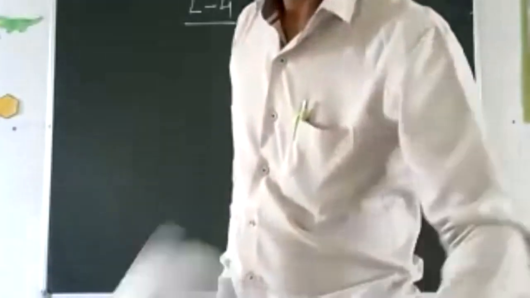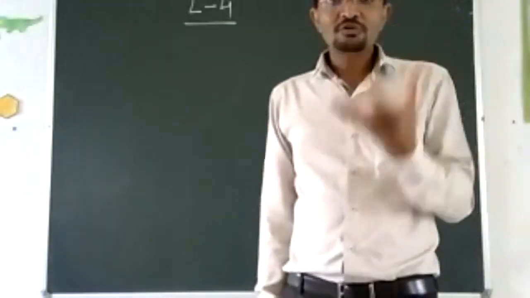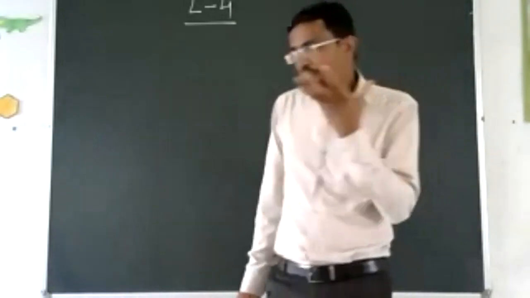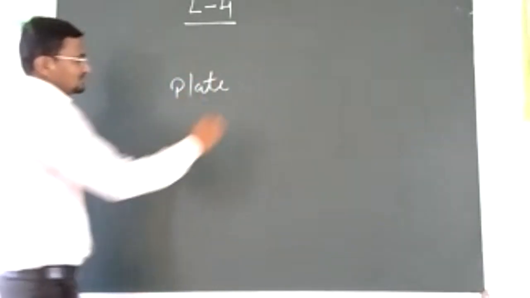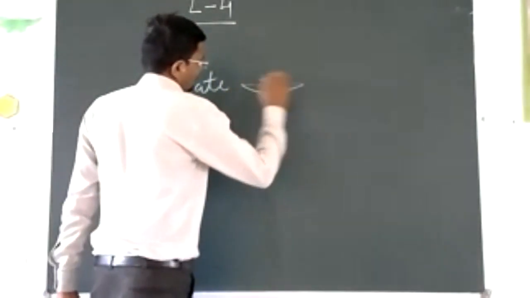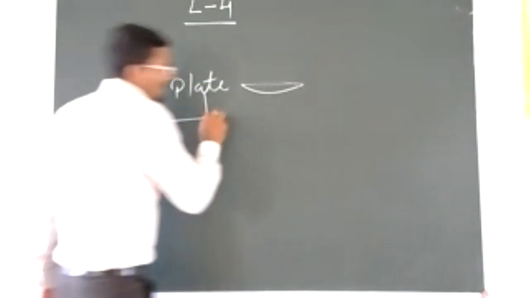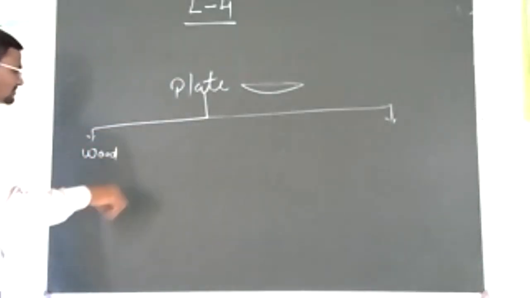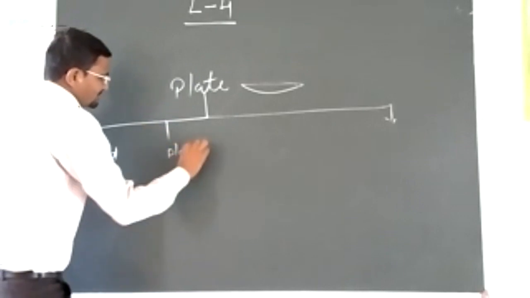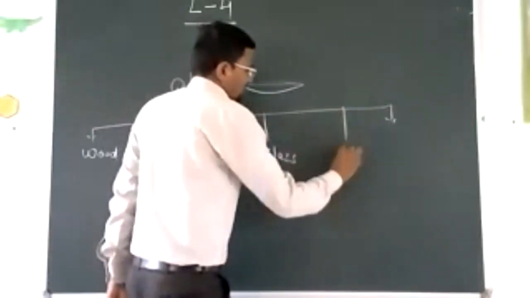steel, even wood also. So here the object is only one, the plate. But this plate may be made from wood, plastic, glass, paper.